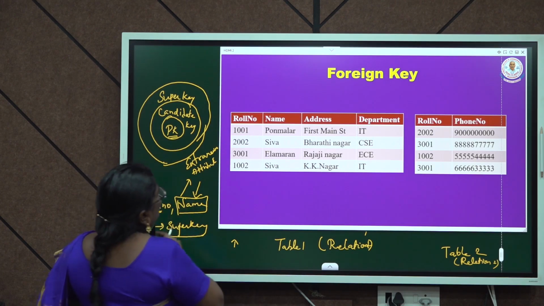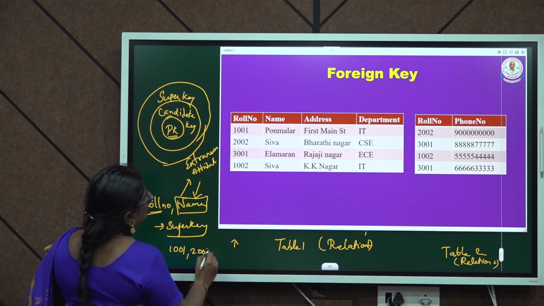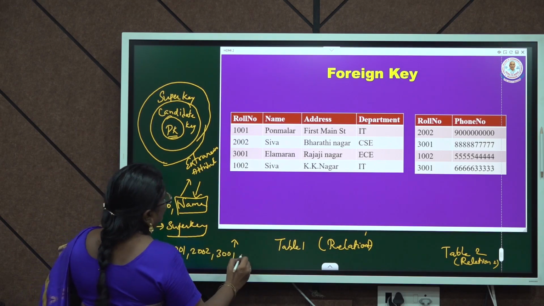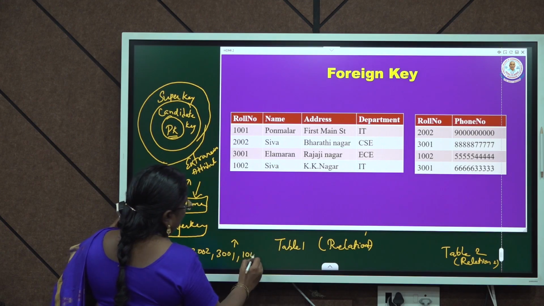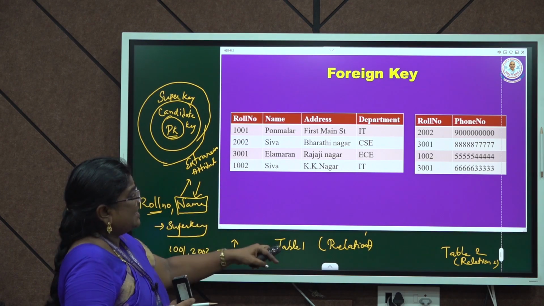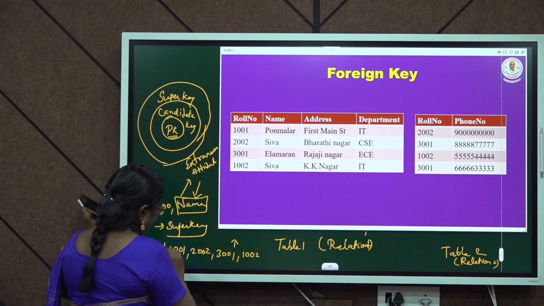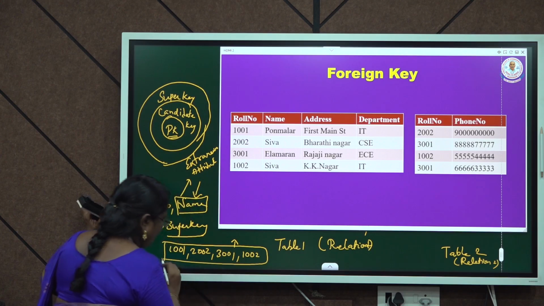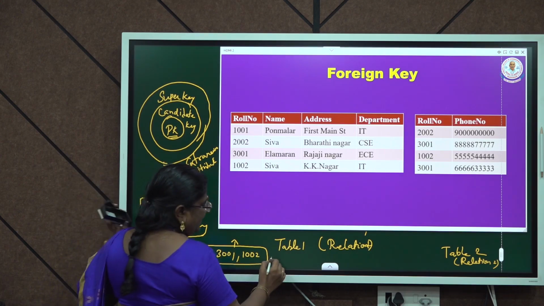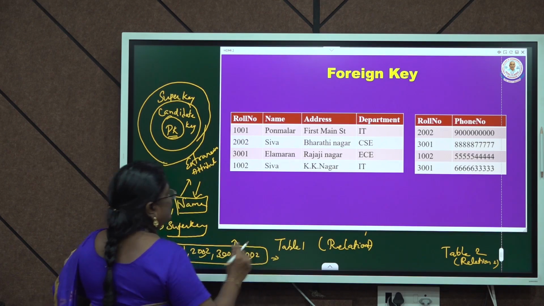Here we have 4 roll numbers, 1001, 2002, 3001 and 1002. The first thing you have to observe is that the roll number present in the second table refers to the roll number in the first table only. We are not having any other roll number other than these 4 numbers.